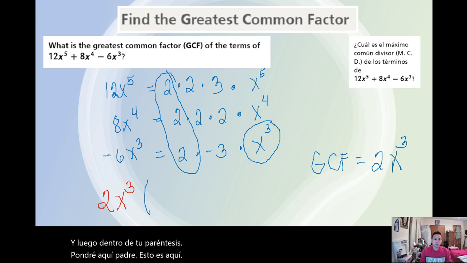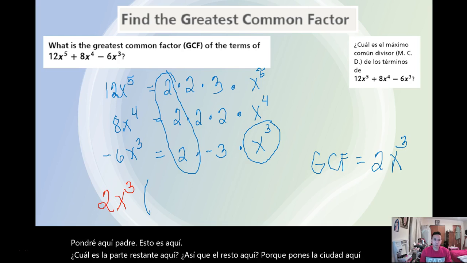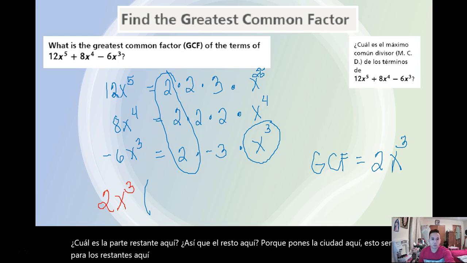So what is the remaining part here? Because you put the 3 here, the remaining would be 2. Sorry about that.